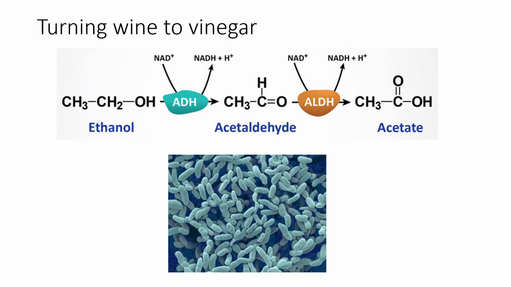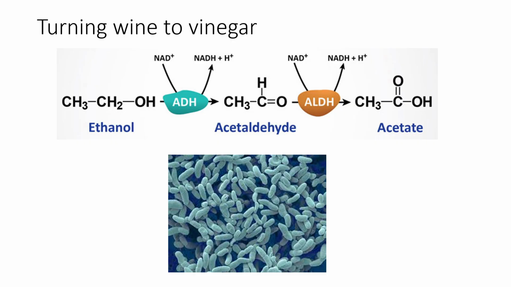These bacteria, they're acetic acid bacteria really, I forgot to write down the name here, take ethanol and they can oxidize the ethanol. How do I know that ethanol has been oxidized there to make acetaldehyde?